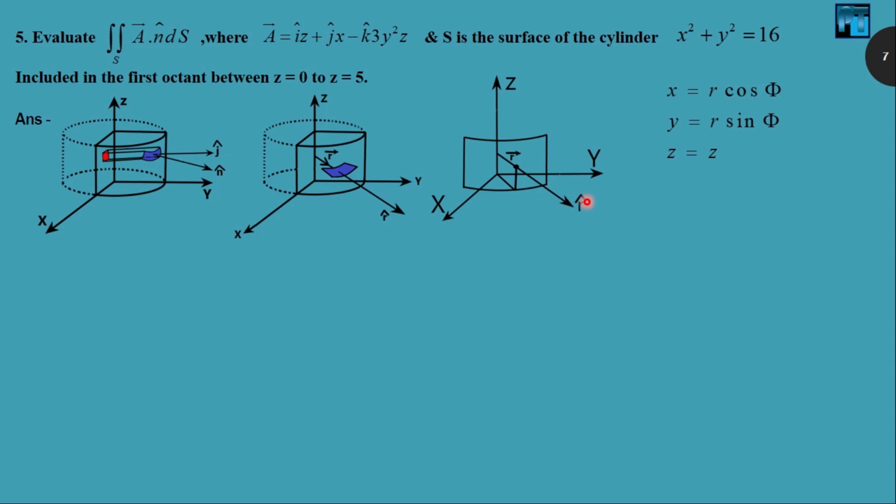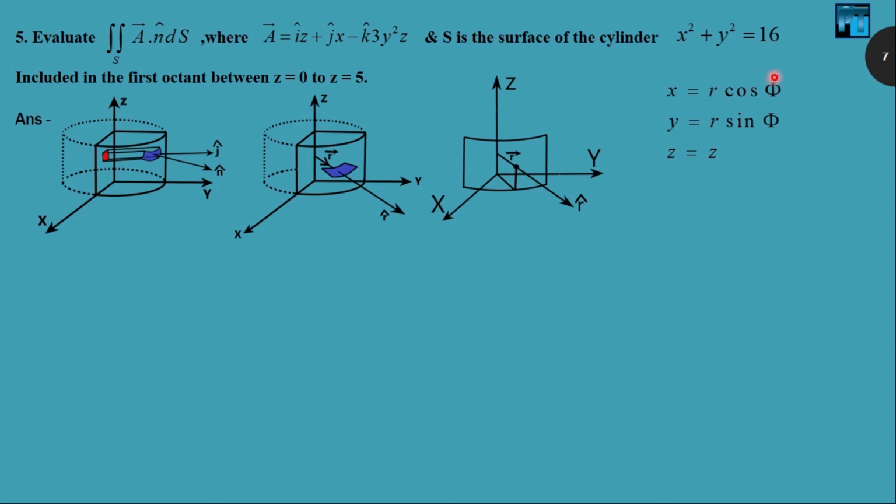Now this is the general cylindrical coordinate transformation equations. X equal to r cos phi, y equal to r sin phi, z equals to z. We shall use this in our question, where this r is the radius of this cylinder, x square plus y square equal to 16. That means 4 square. So r equals to 4 here.